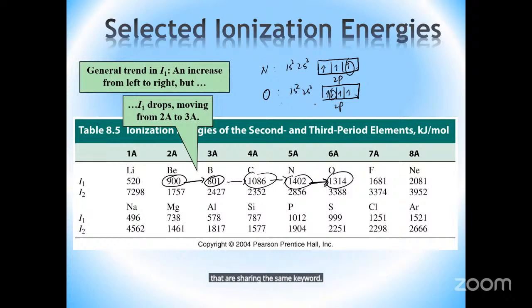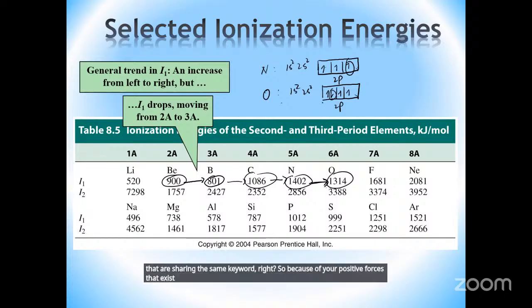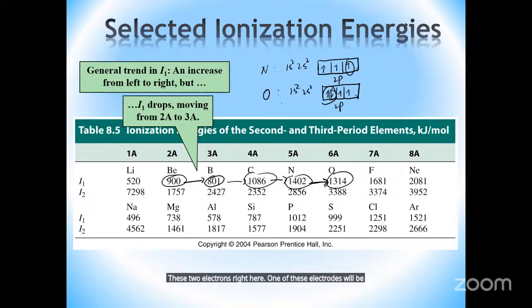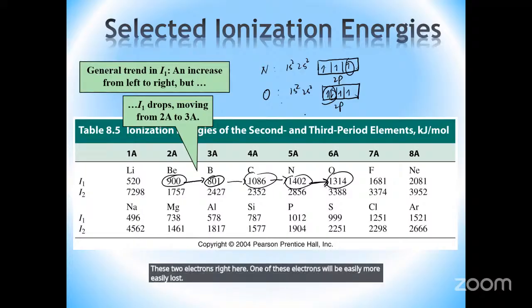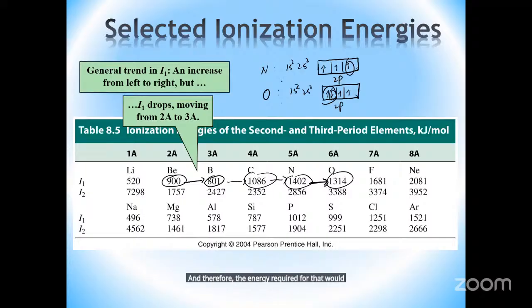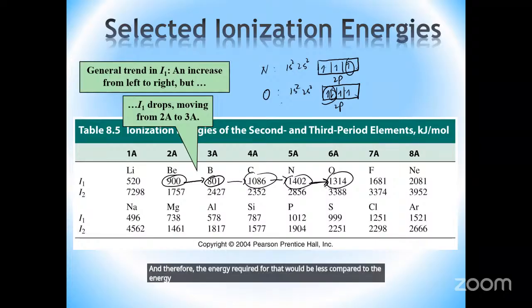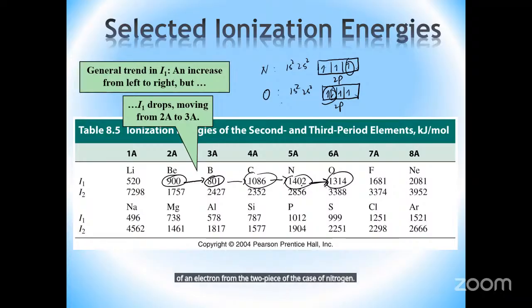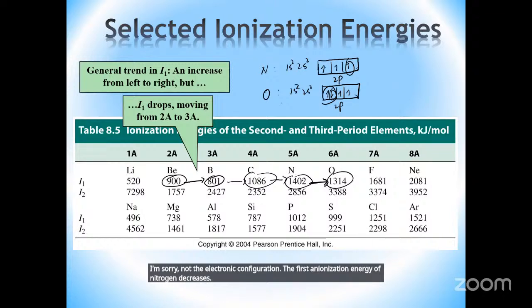So because of the repulsive forces that exist between these 2 electrons right here, one of these electrons will be more easily lost, and therefore the energy required for that would be less compared to the energy required for the removal of an electron from the 2p sublevel in the case of nitrogen. So that's the reason why the first ionization energy decreases slightly as you go from nitrogen to oxygen.